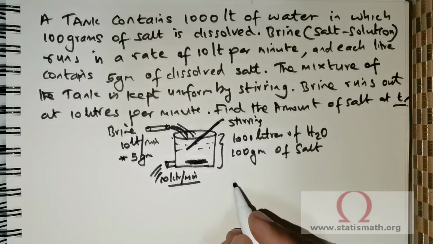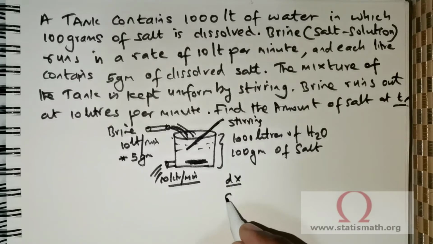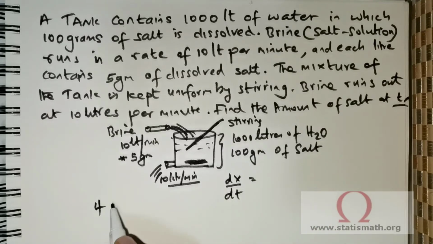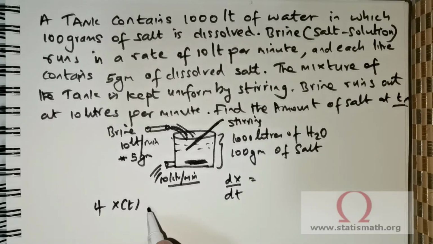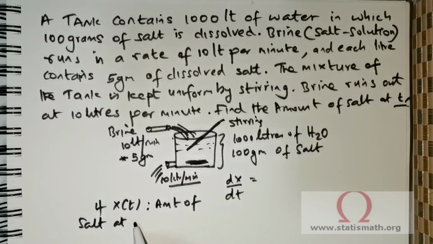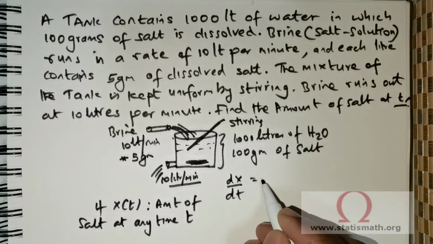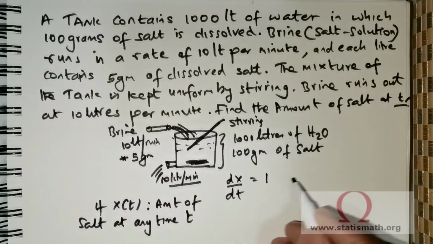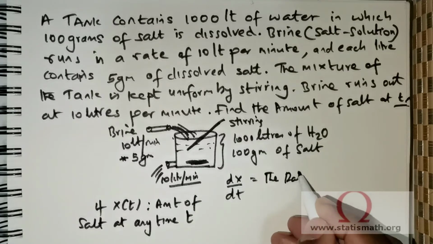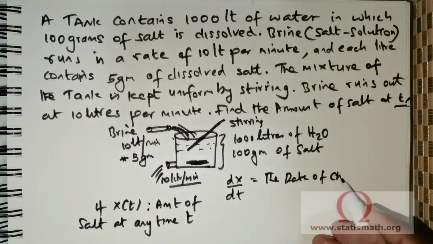So we would be using the formula dx over dt. Now what is dx over dt? If x of t is the amount of salt at any time t, then dx over dt would be the rate of change.